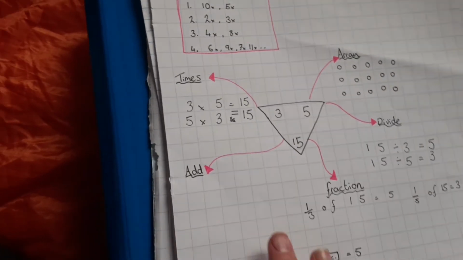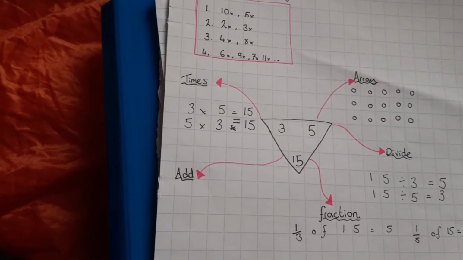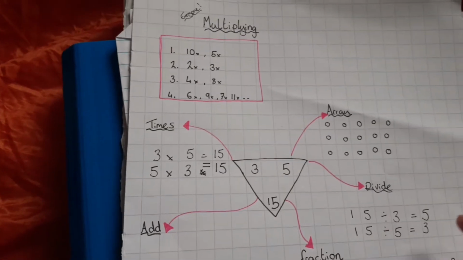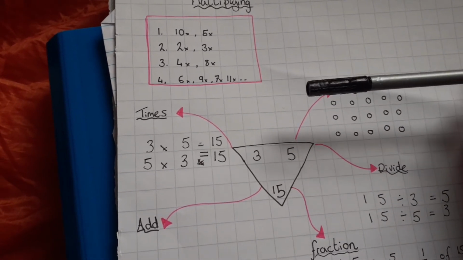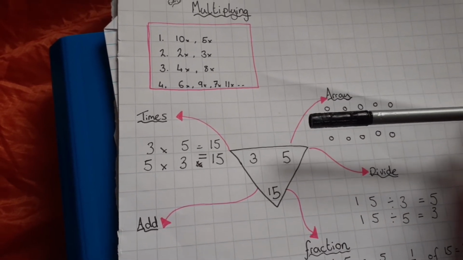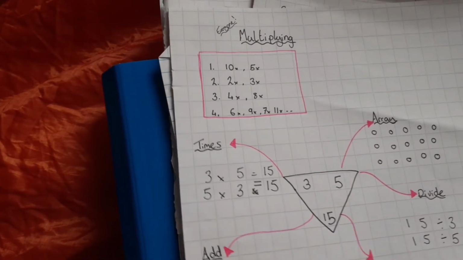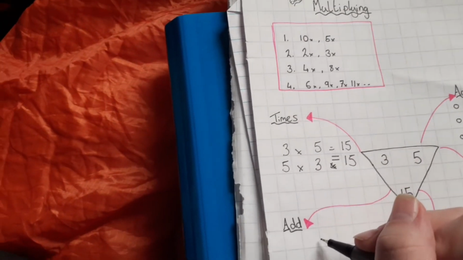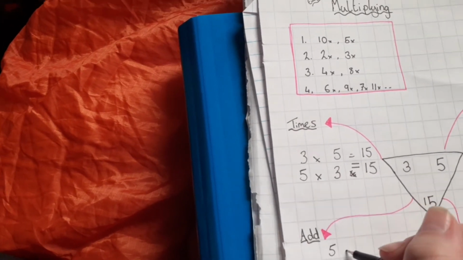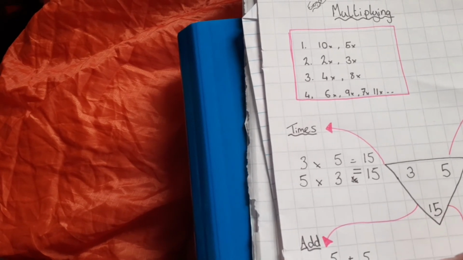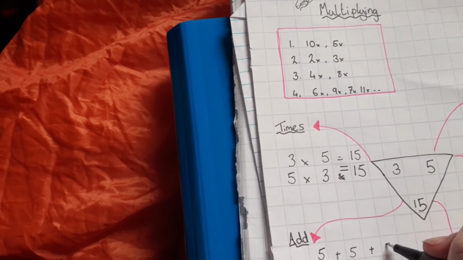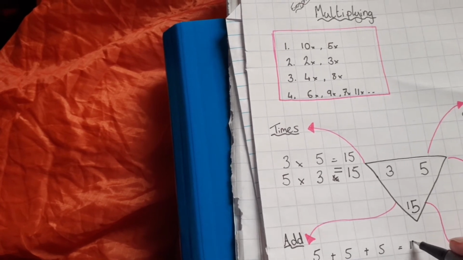We can also do an adding sum with these. I can add up the lines. I can say 5 in the top line, add 5, add 5 equals 15. So I'll put that down here. 5 add 5 add 5 equals 15.